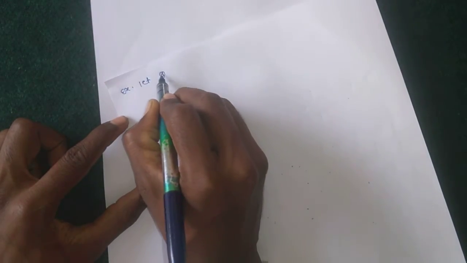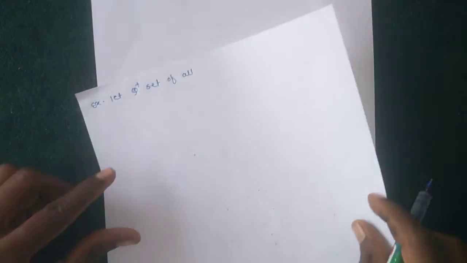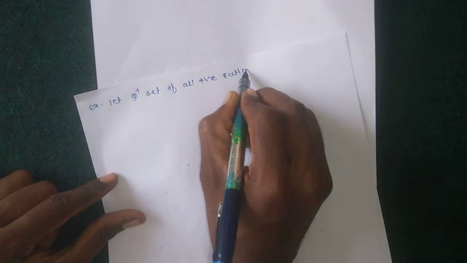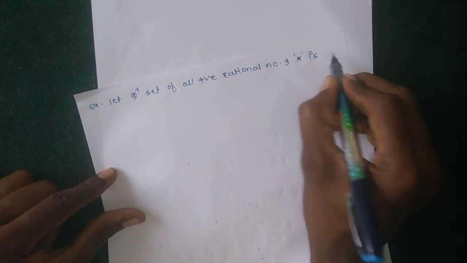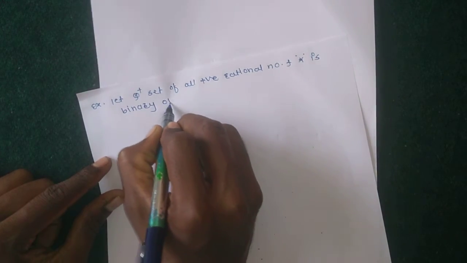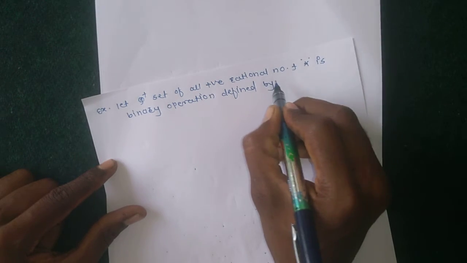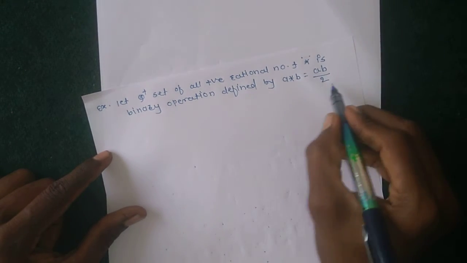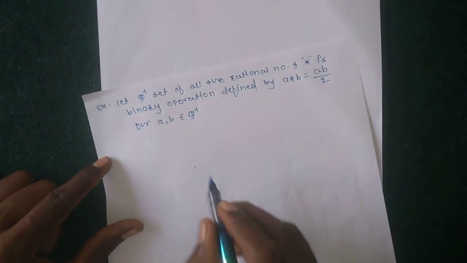Next example. Let Q plus mean the set of all positive rational numbers, and star is a binary operation defined by a star b equal to ab divided by 2, for a, b belongs to Q plus.